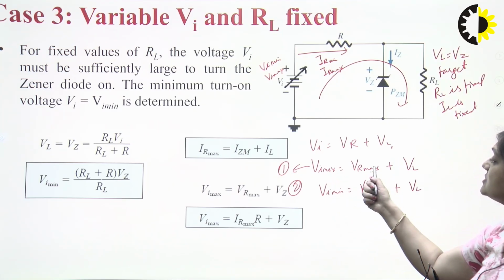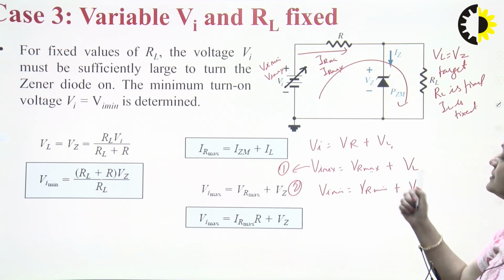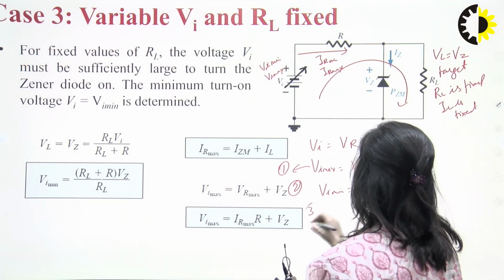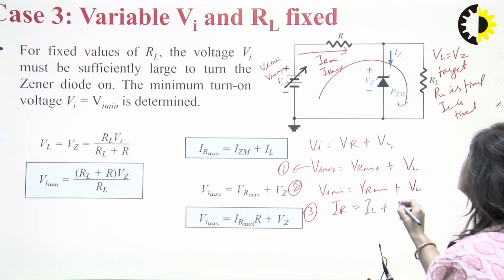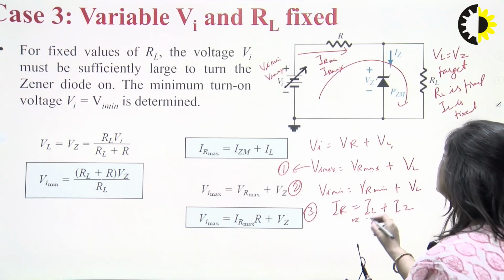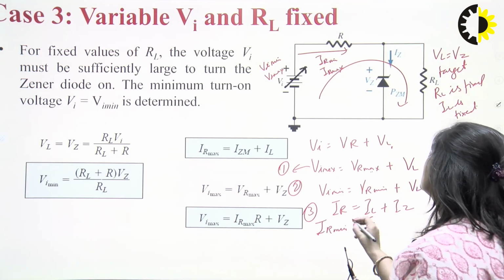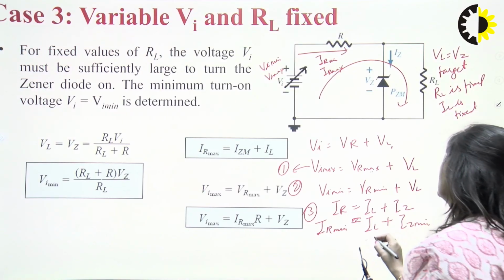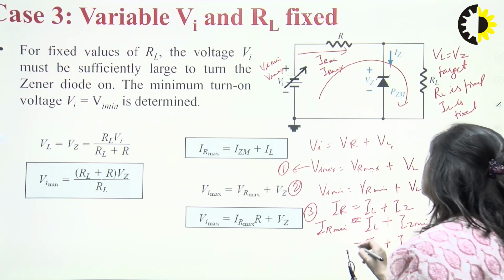So Vi max goes with VR max, and Vi minimum goes with VR minimum. And the third equation will be IR is equal to IL plus IZ. Here IL is constant, so if it is IR minimum, then IZ will also be minimum.